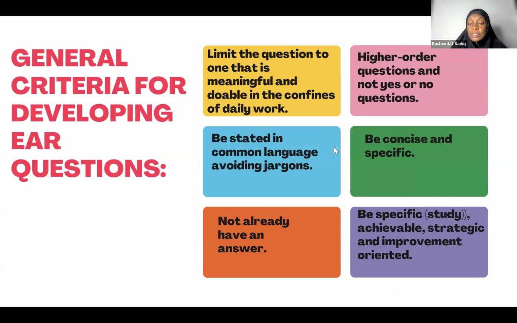It's not relevant. You'd be asking questions around what type of music do you prefer? You can even ask a question around how often do you listen to music, or do you like music, you know, things like that. But you wouldn't be asking, do you have a radio in your house? Okay, make it strategic and make it improvement oriented. Don't ask a question that doesn't help the situation.